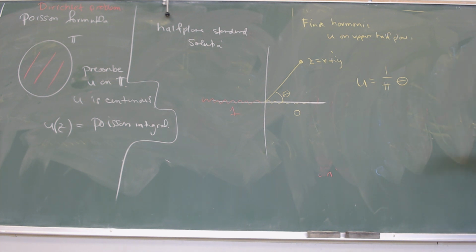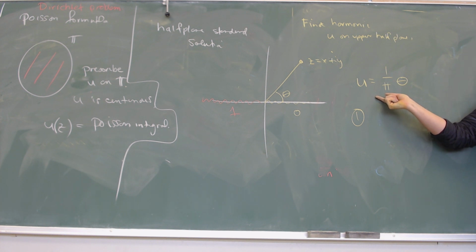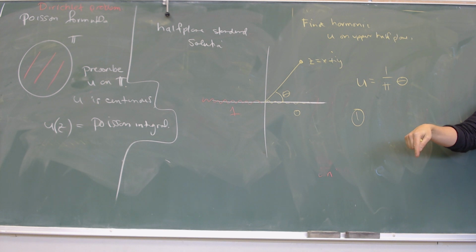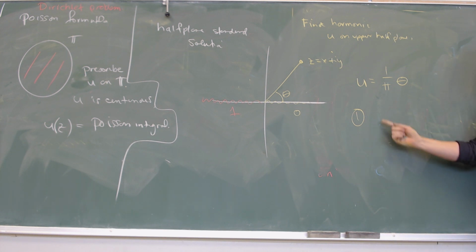That's there actually to impose the right conditions at the boundary. So, claim 1, that's harmonic. To exhibit that this is harmonic is really easy. It's the fact that it recovers the right boundary behavior that's going to be the thing that we really care about here.